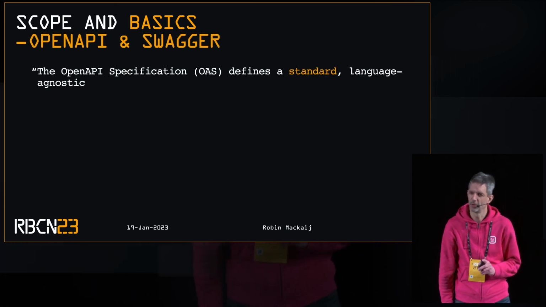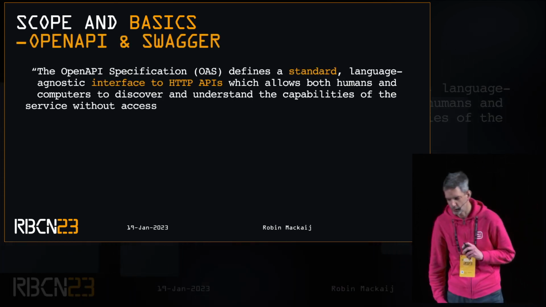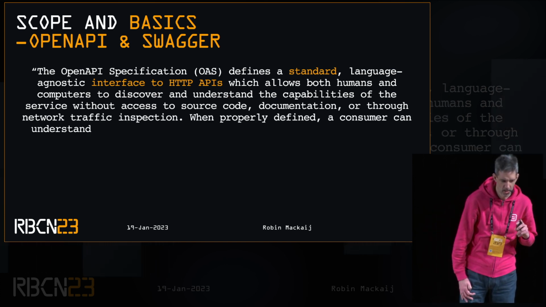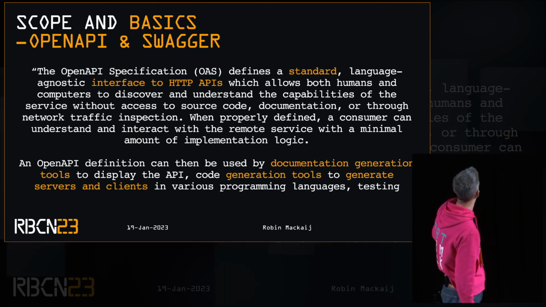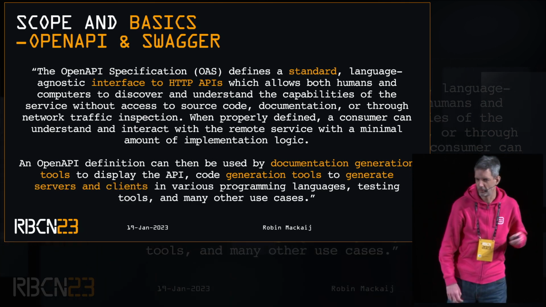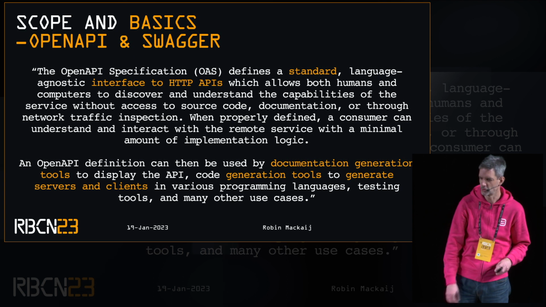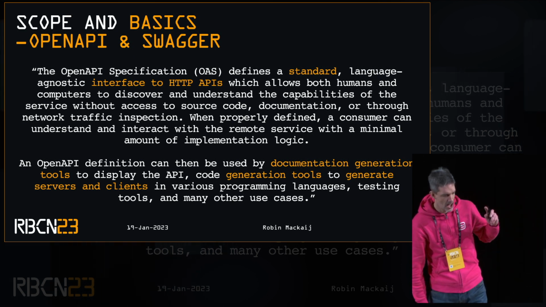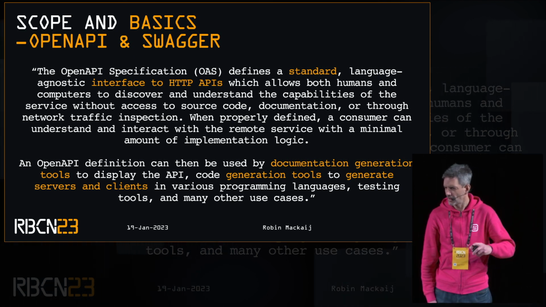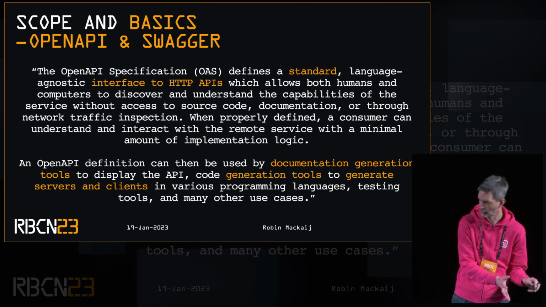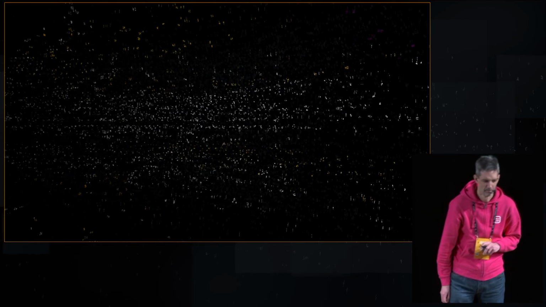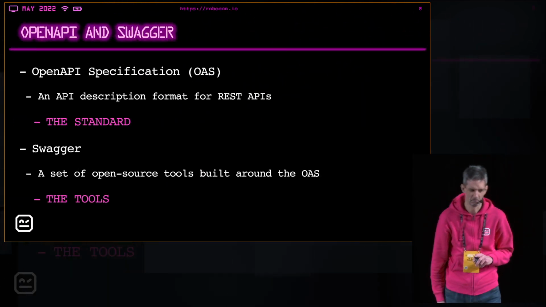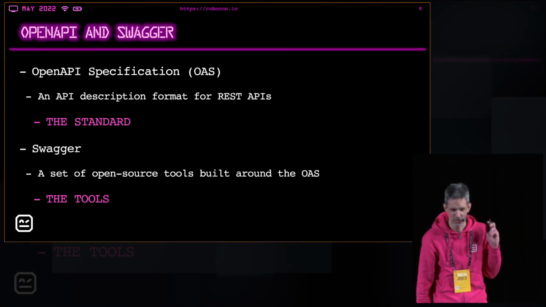So moving on to OpenAPI and Swagger. This is something from their website. If you Google the OpenAPI specification, and slides should have little amounts of words, so I'll just do the TLDR, which I just copied from last year.